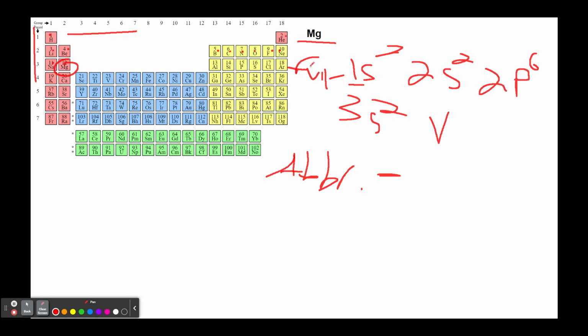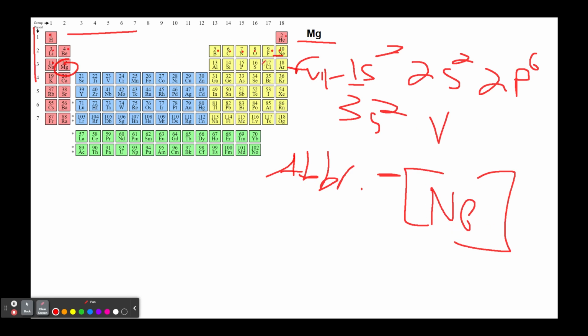Don't ever go forward, it's always going back, because neon represents, we write it like this, the electrons that are least likely for the magnesium atom to react, because they're in that noble gas inner core. This is super stable. The electrons in here aren't really going to react naturally. So you always want to go back to the closest noble gas, and that's going to represent the inner core of electrons that's not really going to react.